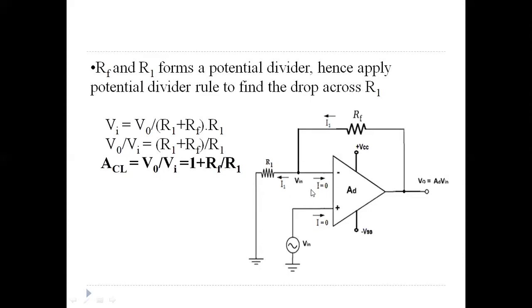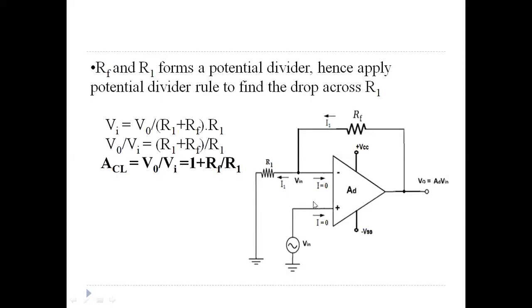Apply rules here. That means the current at the inverting terminal is 0, and the current at the non-inverting terminal is also 0. And next, this is the non-inverting amplifier in closed loop configuration.